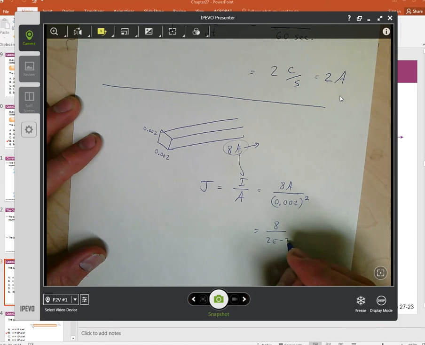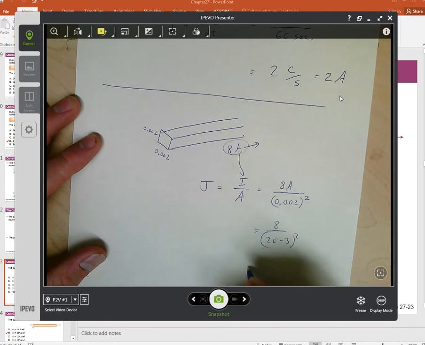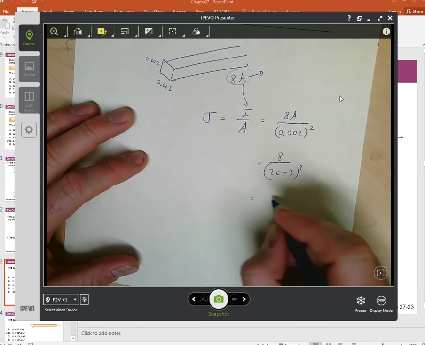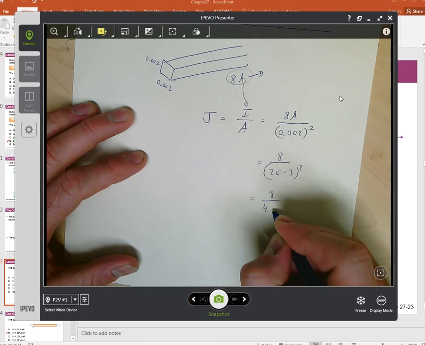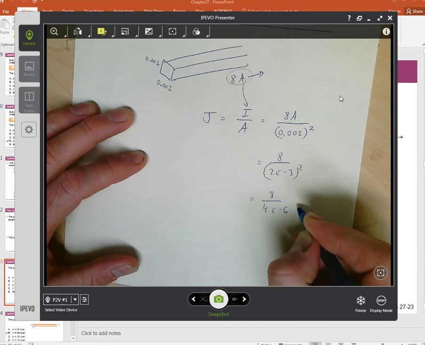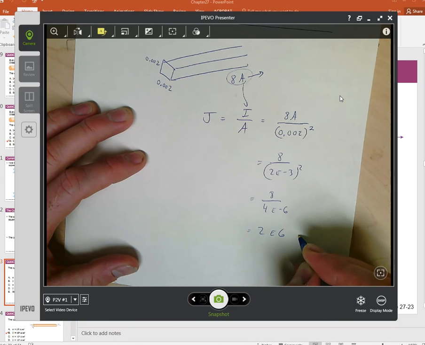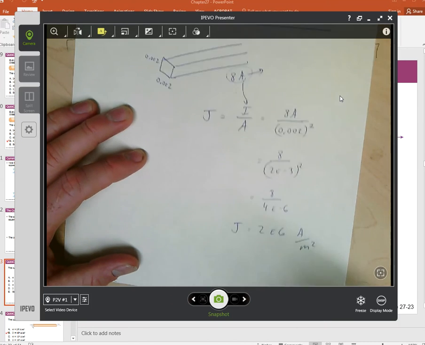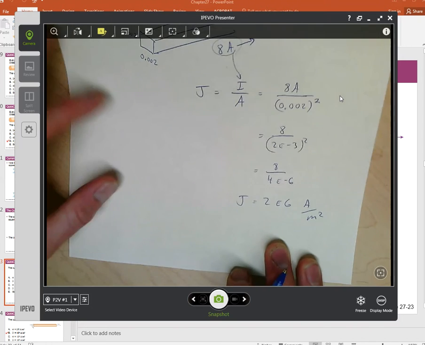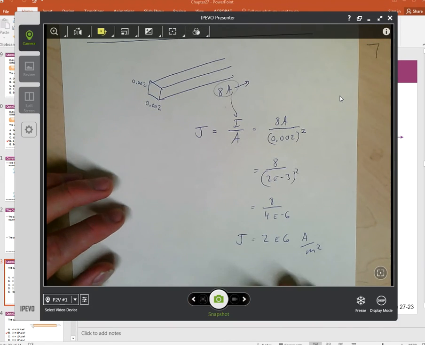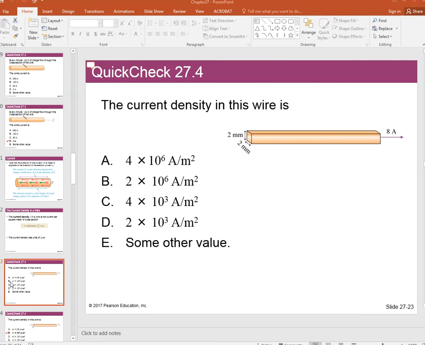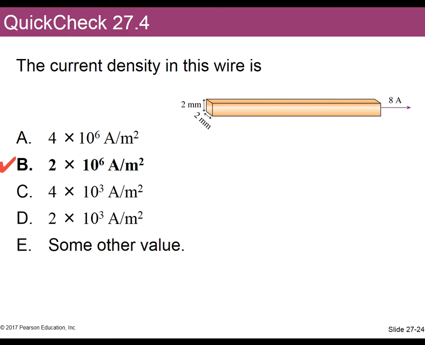If it's 2e-3 squared, then this is the same as 8 over 4 times 10 to the minus 6, which is 2 times 10 to the 6. The units are amps per square meter. So our current density is 2 times 10 to the 6 amps per square meter. Let's see if we're right. Indeed, the answer is 2 times 10 to the 6 amps per square meter.